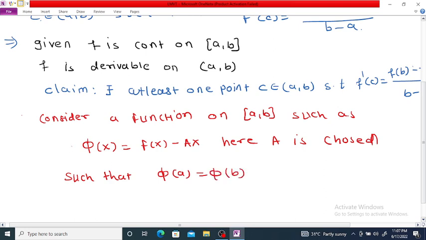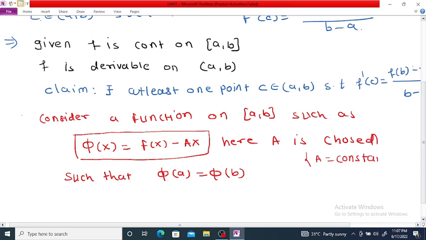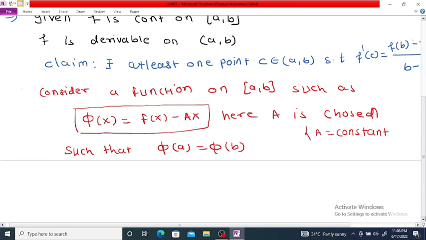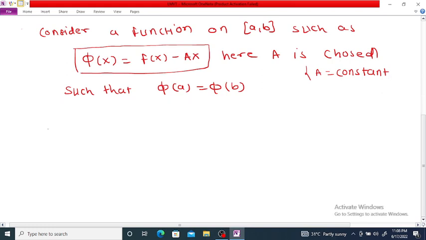So we define a new function, phi of x equals f of x minus a x, where a is a constant, and we select the value of a such that phi of a is equal to phi of b.